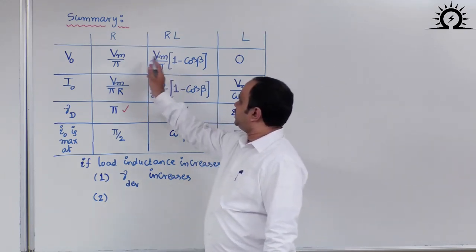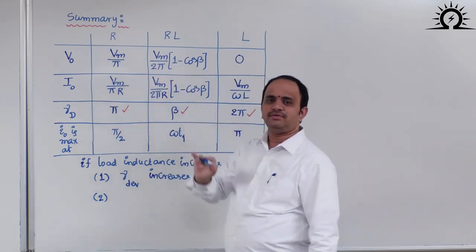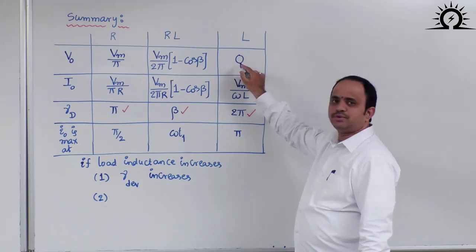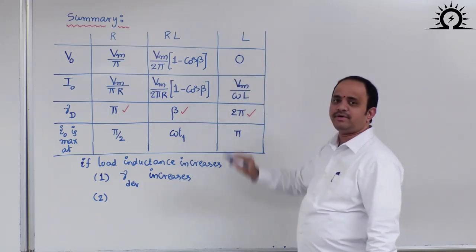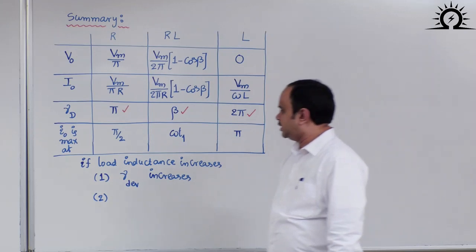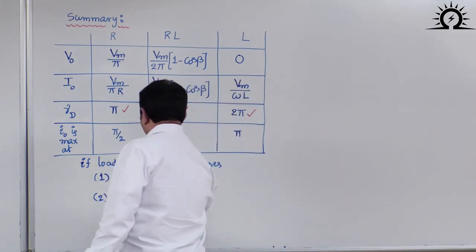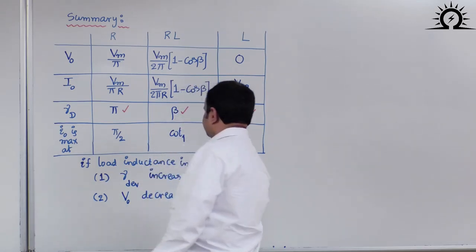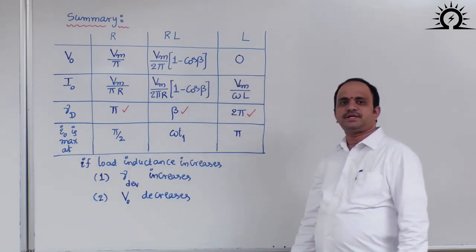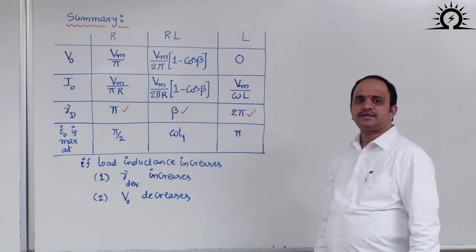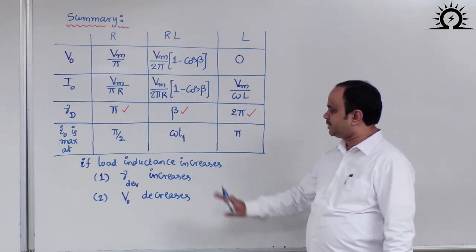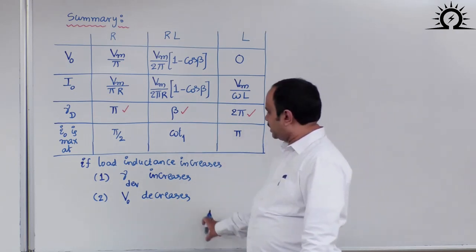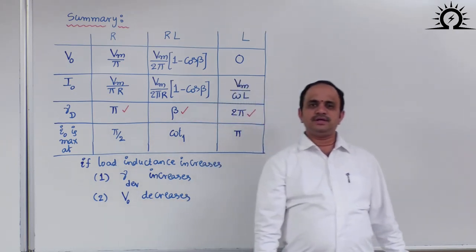Therefore, the second value will be less. Finally, when the load is pure inductance, the average output voltage is 0. So in rectifier circuits, if the load inductance increases, the conduction angle of the device increases and the average output voltage will decrease.